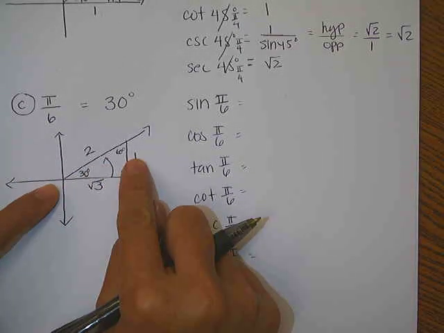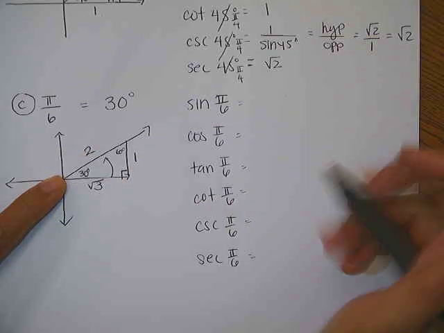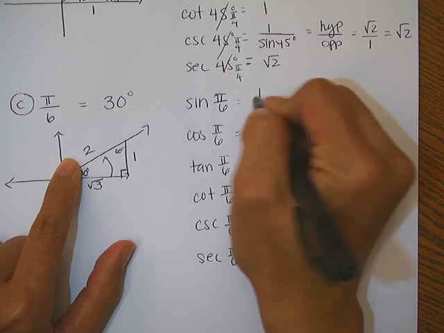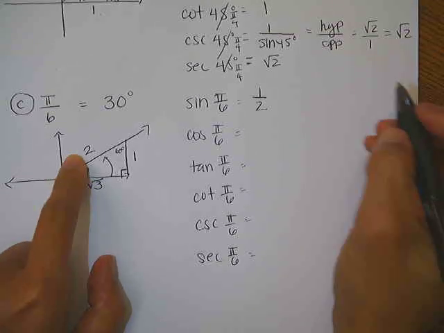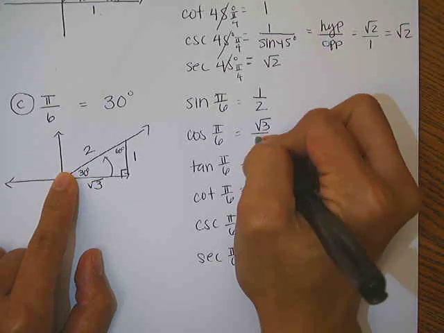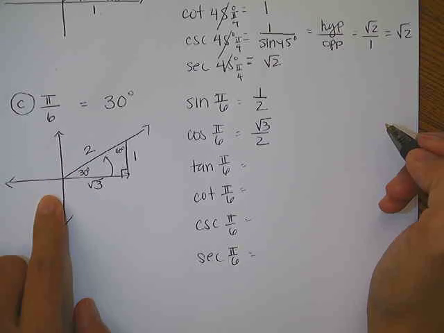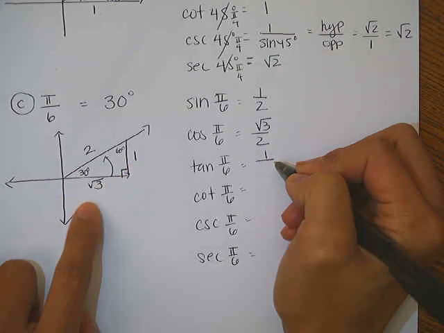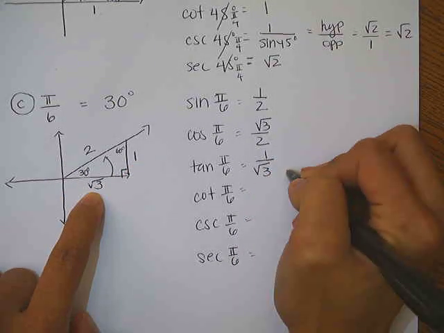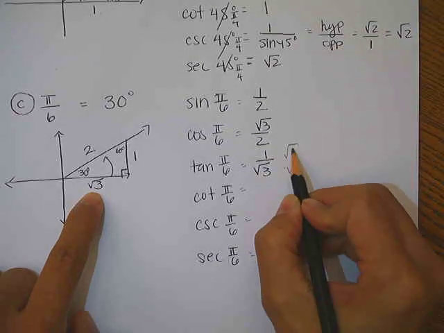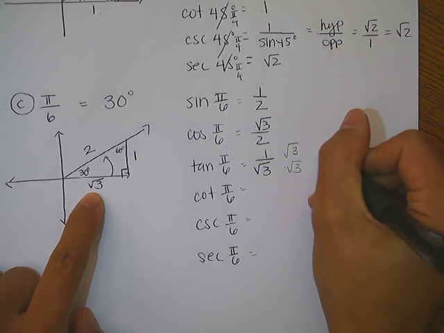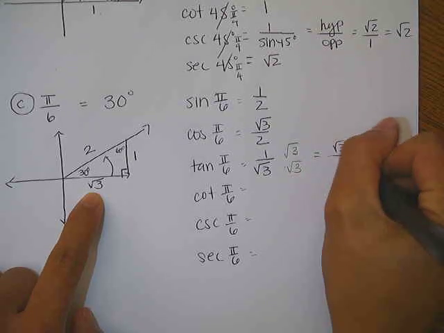Sine is going to be opposite over hypotenuse. So opposite is 1, hypotenuse is 2, so 1/2. Cosine is adjacent over hypotenuse, so that's rad 3 over 2. Tangent is opposite over adjacent, which is rad 3. You need to rationalize this, so multiply top and bottom by rad 3 over 3. You're going to end up with rad 3 over 3.